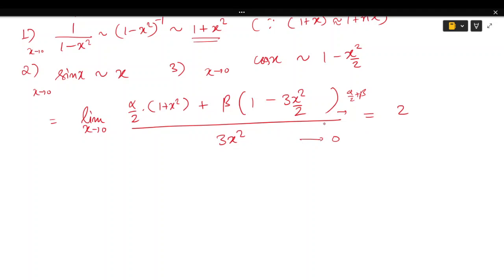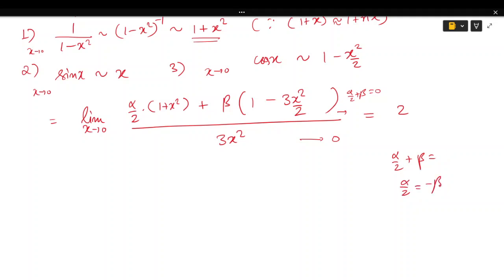So alpha by 2 plus beta should be 0 for the existence of the limit, because if it is non-zero, then the limit won't exist. So when alpha by 2 plus beta is 0, you get beta as minus alpha by 2, or one can simply write alpha by 2 as minus beta, right?